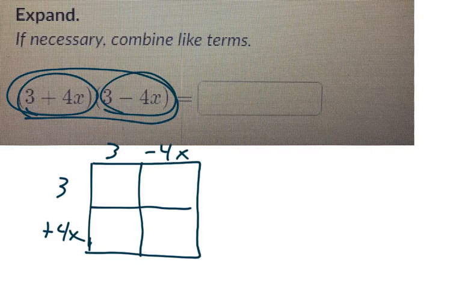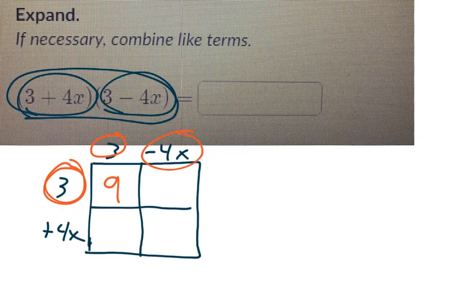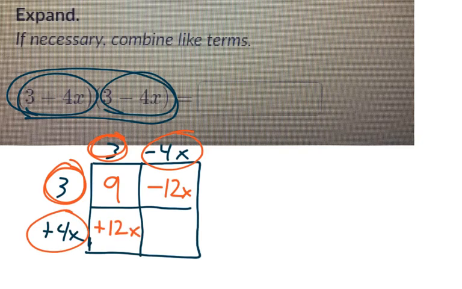And we're just going to multiply. 3 times 3 is 9. 3 times negative 4x is negative 12x. Watch your signs. 3 times 4x is positive 12x. And negative 4x times negative 4x is negative 16x squared. Watch your signs and your powers.